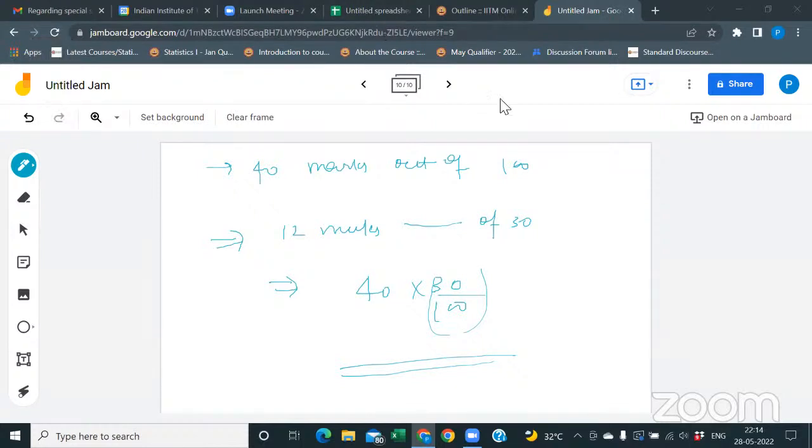How about my voice now? Am I audible, sir? Yes. It's a question regarding outliers. In a real-life data set, is it good to identify outliers prior to doing any further calculations?